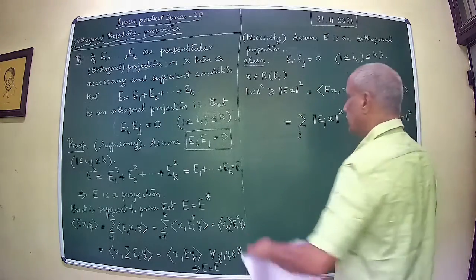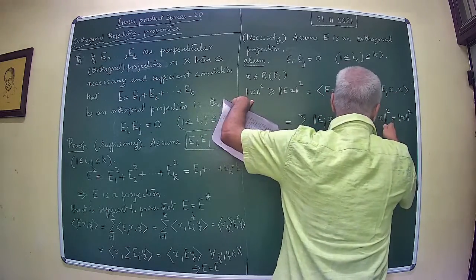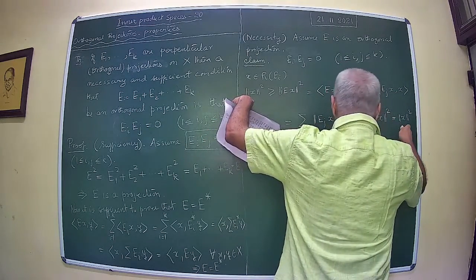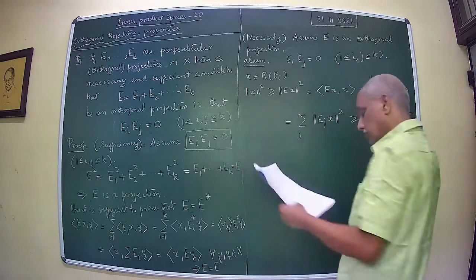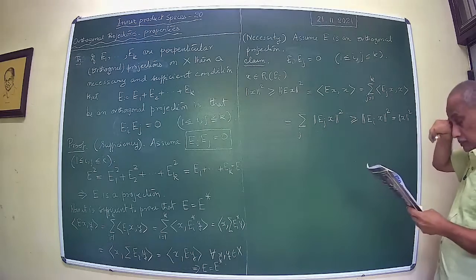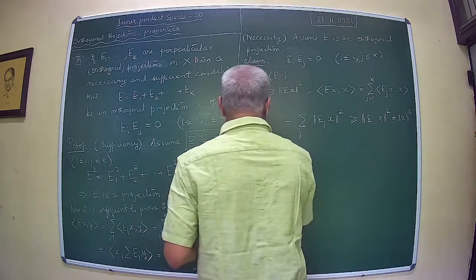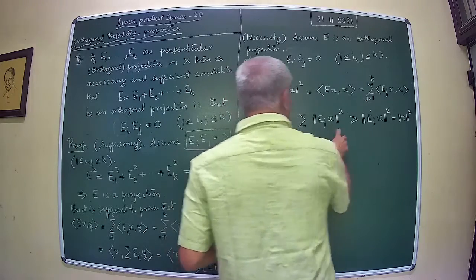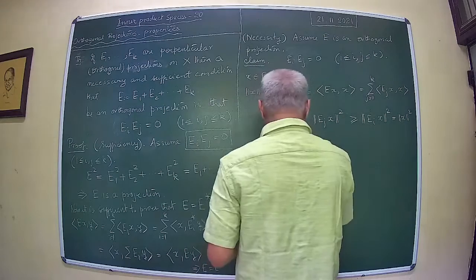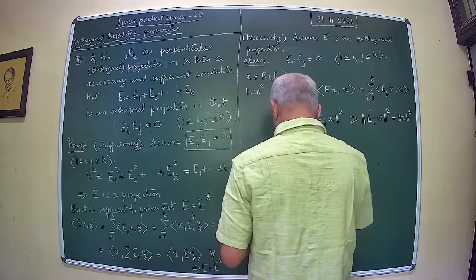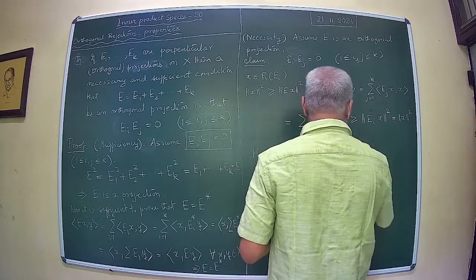So what is the implication? That is, norm x square, there is a string of inequalities. These inequalities are squeezed between norm of x square and norm of x square for x belonging to range of Ei. The consequence is that Ej x equal to 0, j not equal to i.